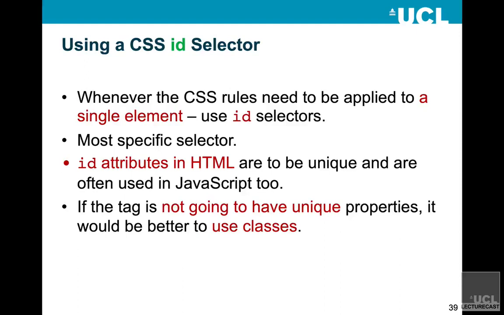Now, classes are very useful, but they are not the only selectors that we could use within CSS and HTML. We can also use ID selectors. ID selectors allow us to specify a single unique element within an HTML and to control the appearance of this single unique HTML element.